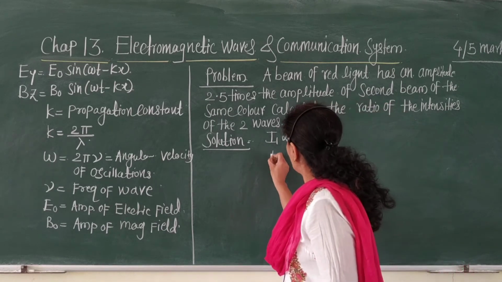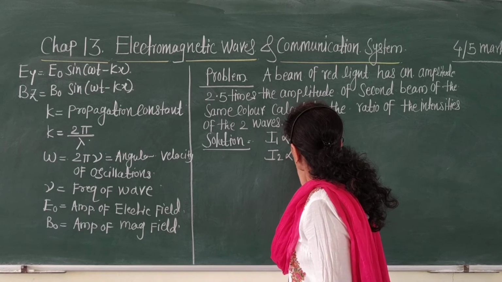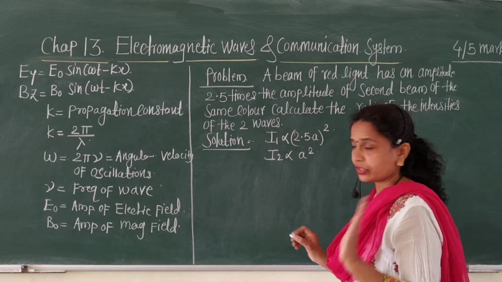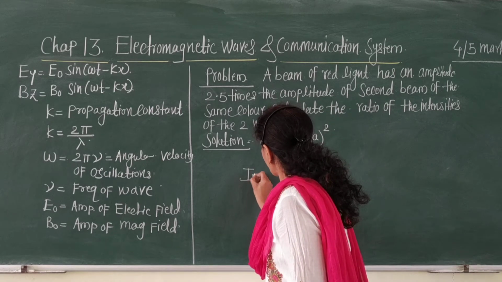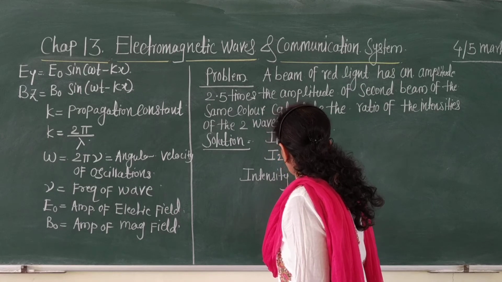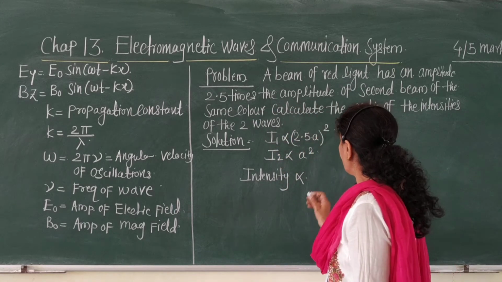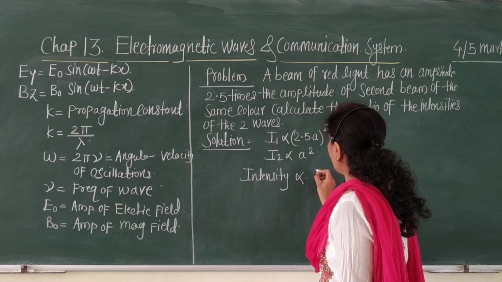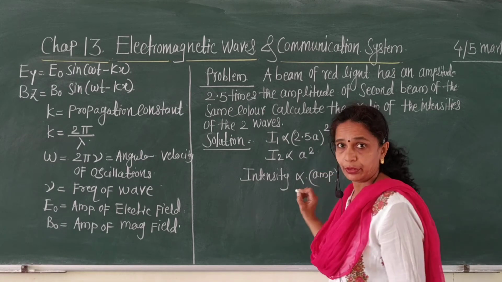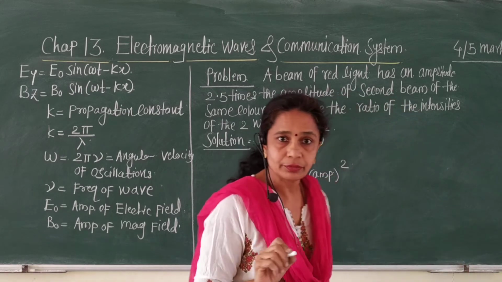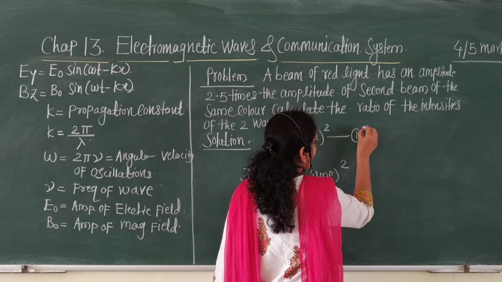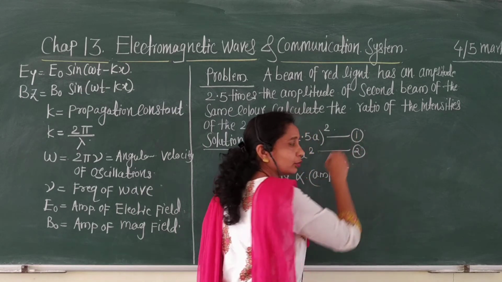And I2 is directly proportional to a squared, because you know the intensity of a wave is directly proportional to the square of its amplitude. This is equation number 1, and this is equation number 2.